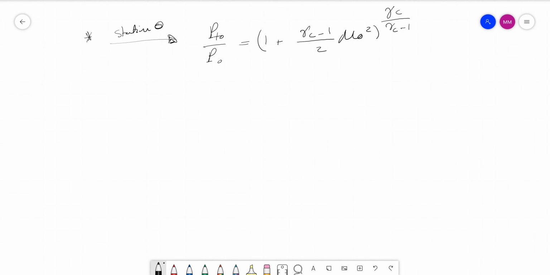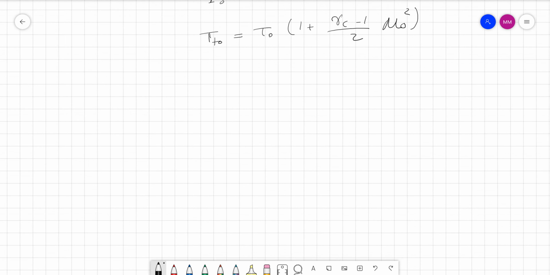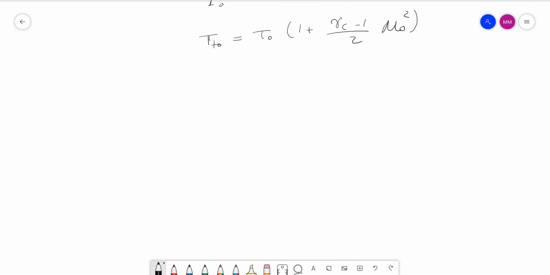And we can have this equation for T naught, which is going to be equal to T naught over 1 plus gamma c minus 1 over 2 M naught squared, and there's no power here. But based on that, you can find pi r, tau r, and the speed of sound and everything else that you may need.